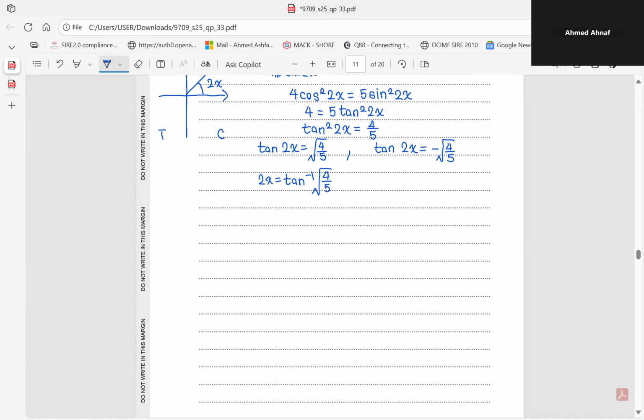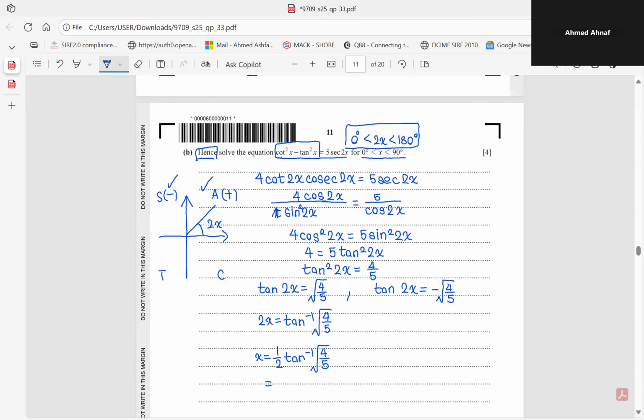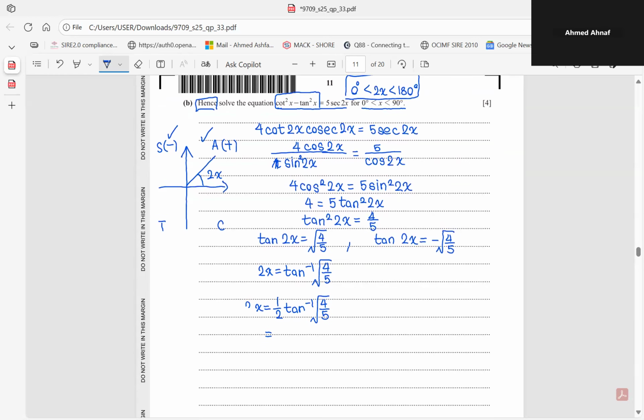And then x would be equal to half tangent inverse of square root 4 over 5. And this would be equal to, don't forget, just type into your calculator and make sure to change your calculator into degree mode because our domain is given in degrees. Oh, sorry.